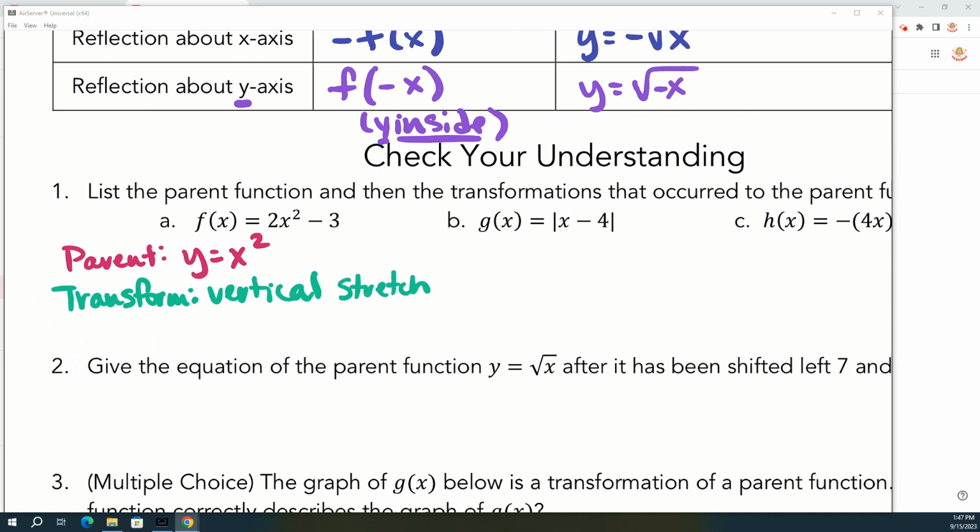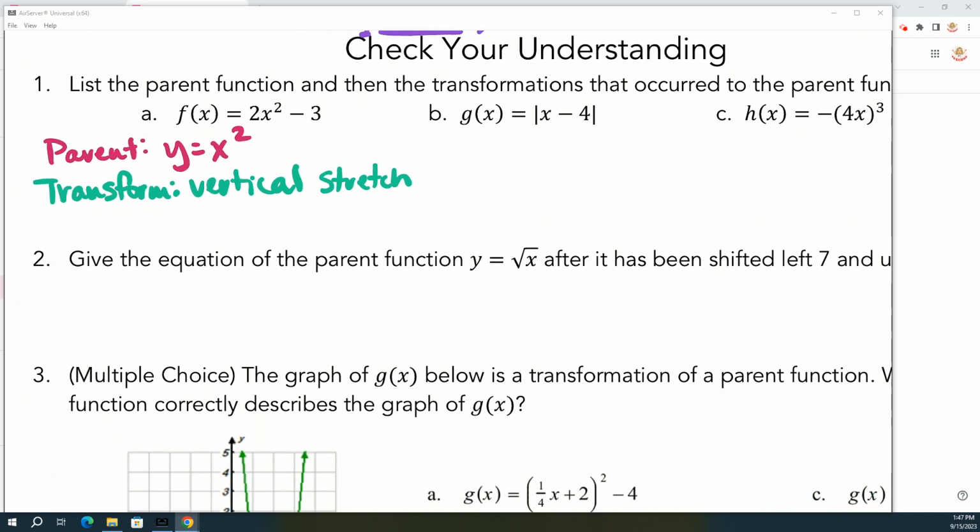All right, and then what about that minus 3? Down 3, good job. Yeah, subtracting on the outside. So if it's not inside parentheses or brackets or a square root or absolute value or something, then it's on the outside.